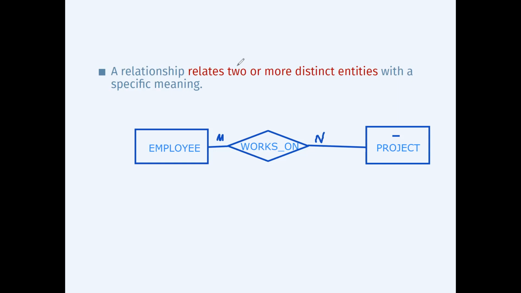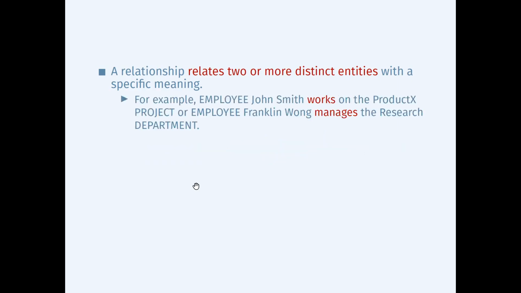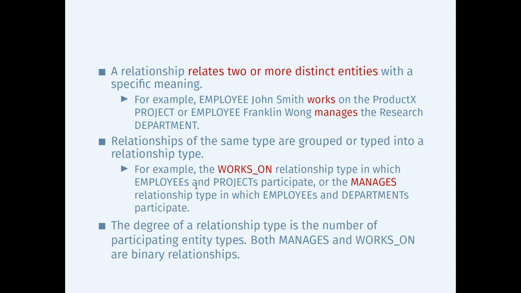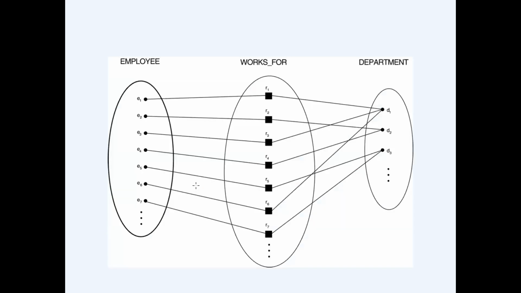Yes. Prashantini said it's one-to-one. Exactly. So we need to understand what kind of relationship we have, right? So that is the next thing that we need to understand. So if you take employees who work for the department, an employee can work for exactly one department, but a department can have many employees.